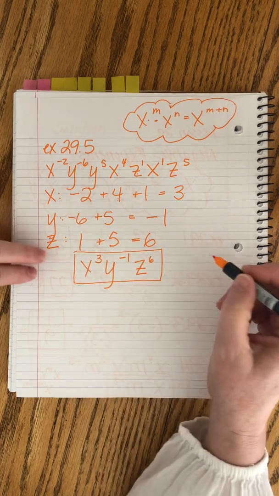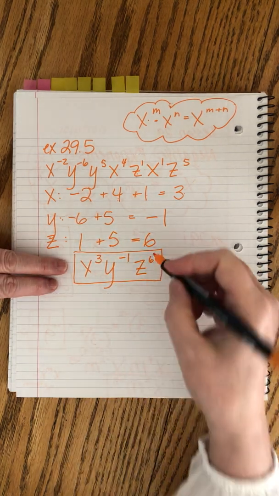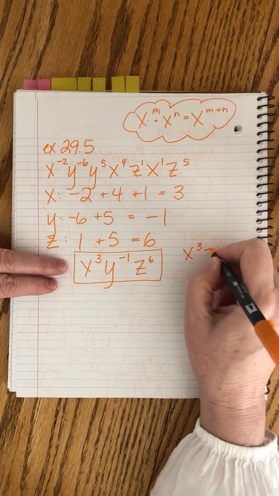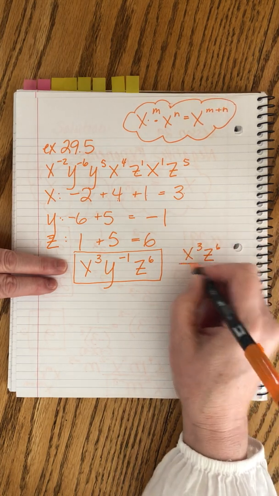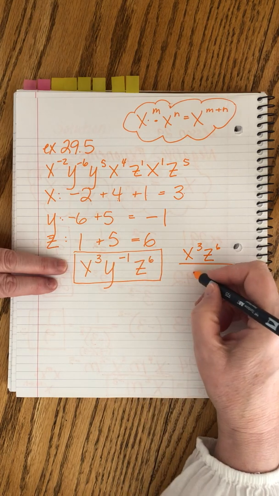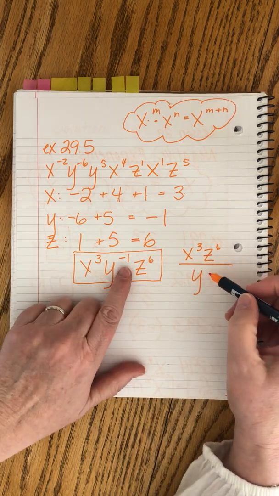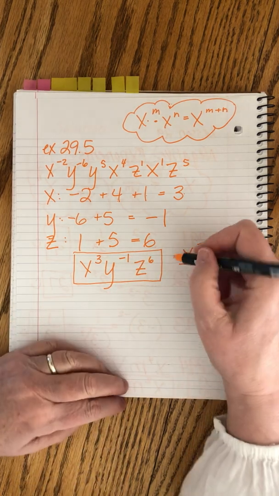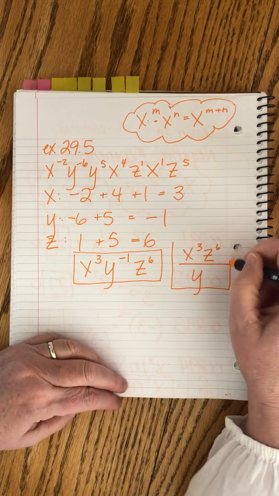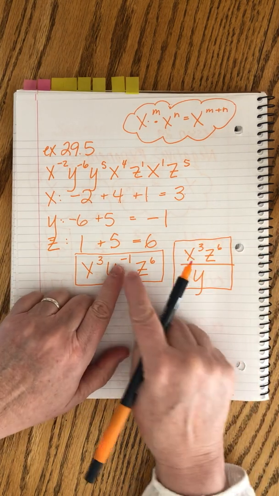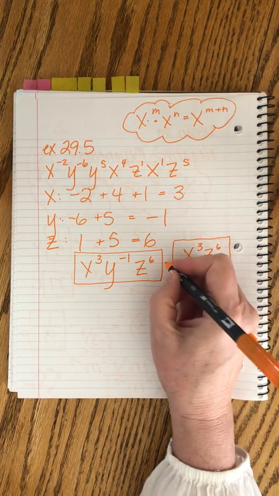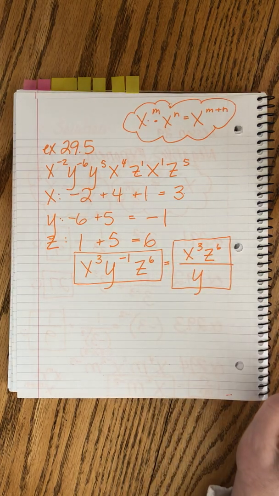If we wanted to write it with all of the exponents positive, then we leave the 3 as it is and the z as it is, but we would move this y down to the bottom. And because now it's just a positive one, I don't have to write that one on the exponent. I can just write it like this. We need the 1 here because we have to put a minus sign in front of it. All right, so these are equally good answers.